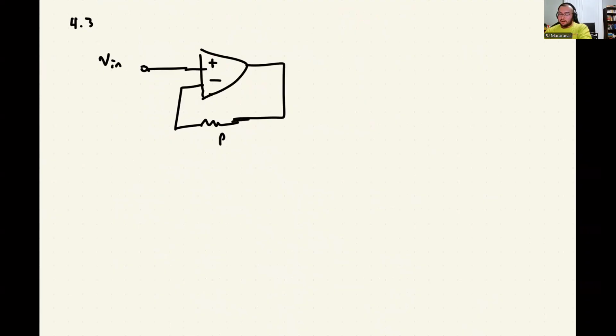This is called a feedback resistor. They've labeled it RF, and I guess this is maybe some kind of input resistance, RI. And we're trying to determine the gain of the op amp here.